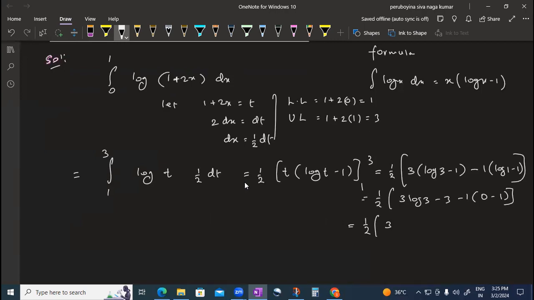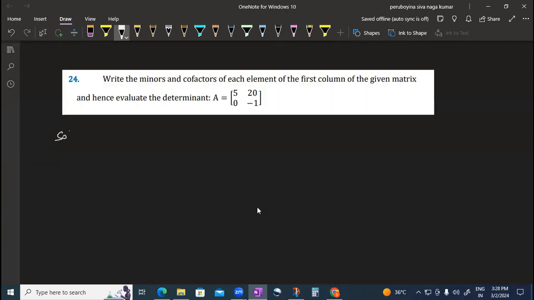So 1 by 2 times 3 log 3 minus 3 minus of minus plus 1. So 1 by 2 of 3 log 3 minus 2 is the answer. So write down the solution.